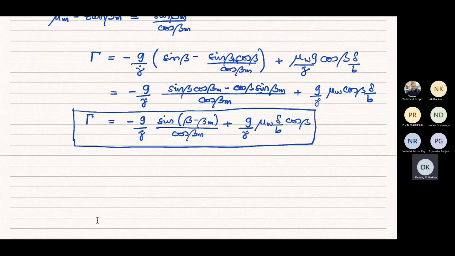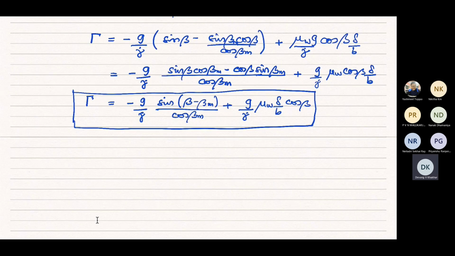Now, if we further suppose, of course, that beta and beta m are not very different, so if we make some further approximations, in which we say sine of beta minus beta m is approximately equal to beta minus beta m, because the difference is always small.